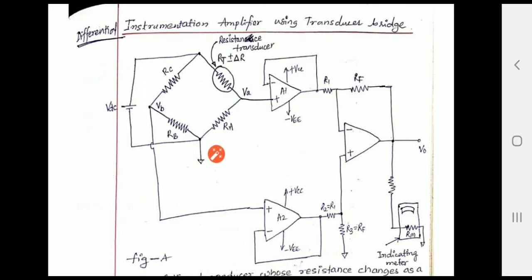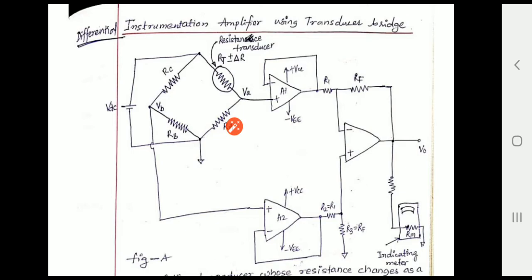Now look at the input stage. It has one bridge. VDC is the input signal. RC, RB and RA are the fixed resistors in the bridge, and there is only one variable resistor. We call this resistor the transducer resistance, so it is written as RT plus or minus change in R, which can be changed physically.